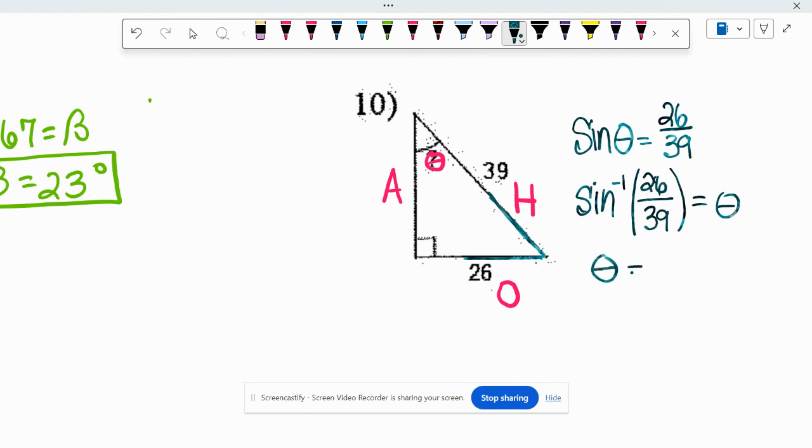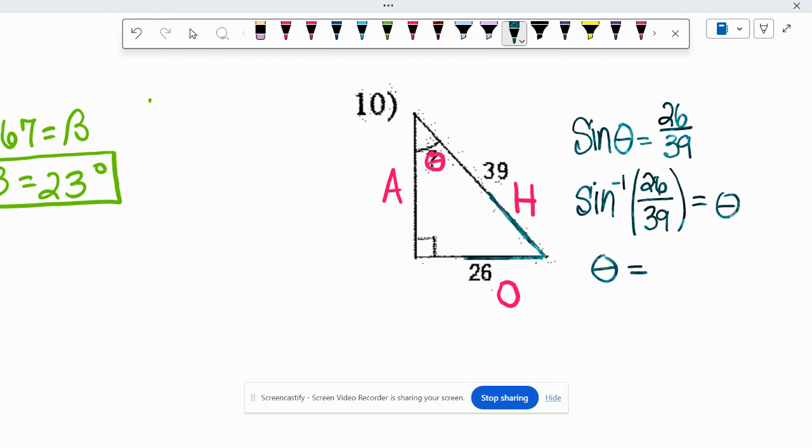Nathan's got it. So second sine 26 divided by 39.